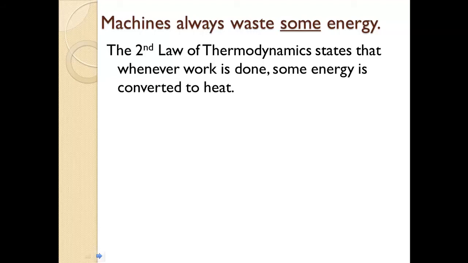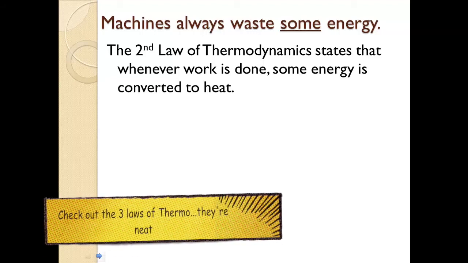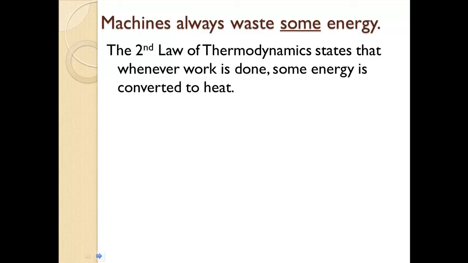That states that whenever work is done, some energy is going to be converted into heat. The most basic case is something we've dealt with in Physics 11 a lot, and that's friction. However, you can think about bending a piece of metal back and forth really quick. Eventually at that bend, it's going to start to heat up because some of your work is converting energy into heat.